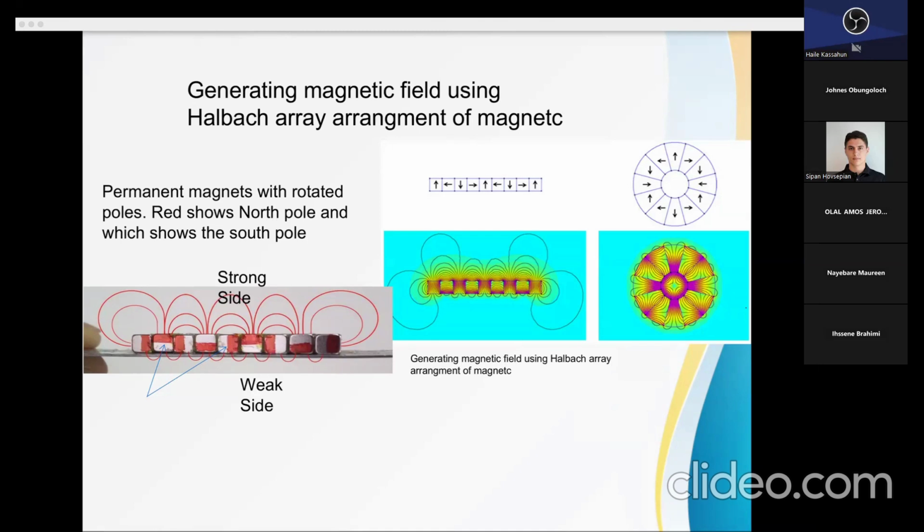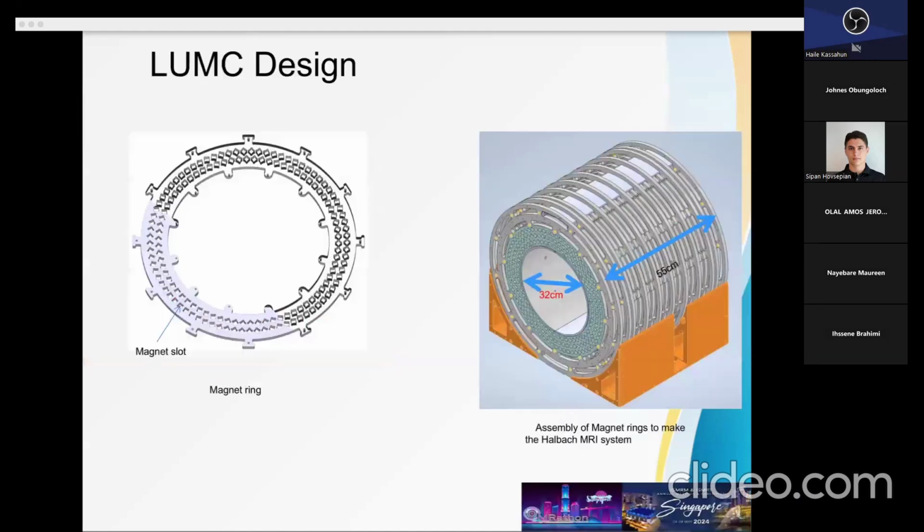So if you are skillful enough and you arrange this in a circular cylindrical manner, you are able to generate a magnetic field inside the bore and a very low magnetic field extending not more than 5 centimeters outside the bore. So the fringe fields can be pretty low.